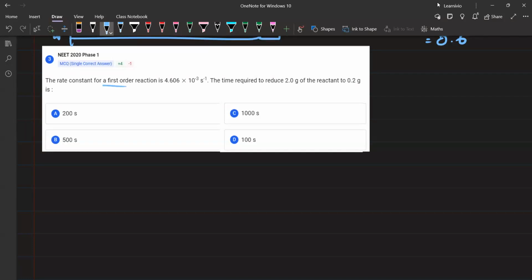Easy. Sort of reaction again it is given. Okay, Alia, let us see.